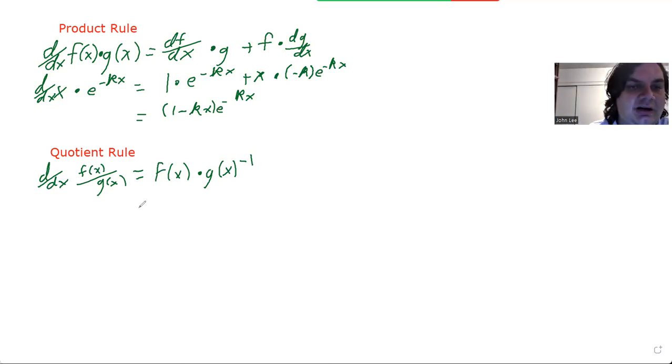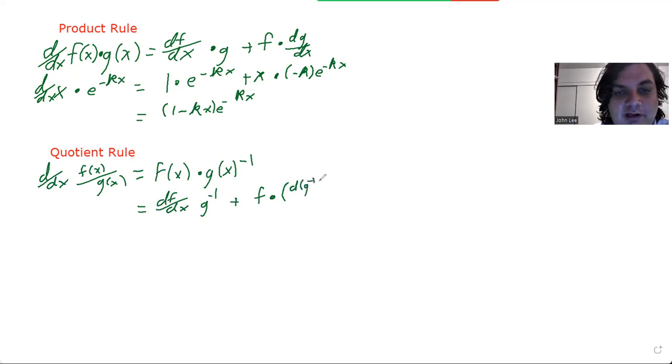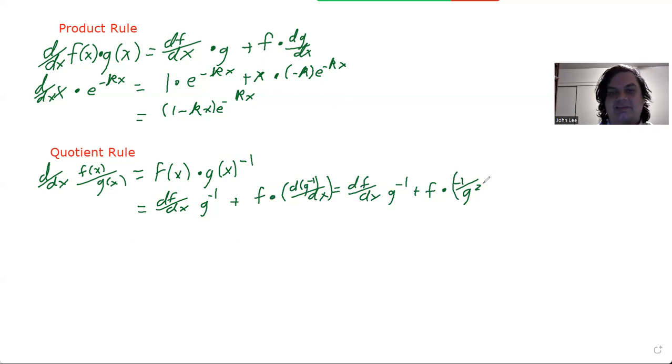So this derivative is going to be equal to df dx g to the negative 1 plus f times the derivative of g to the negative 1 dx, which, going back to our chain rule, is equal to df dx g to the negative 1 plus f of negative 1 over g squared, because that's the derivative of 1 over x, right?